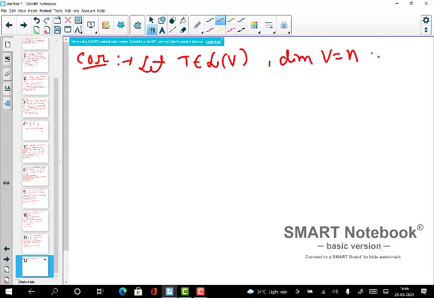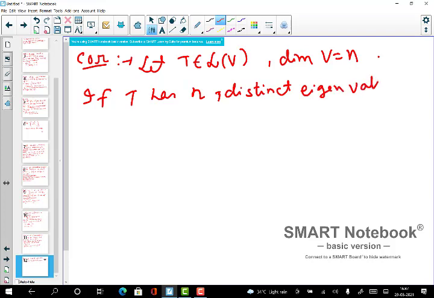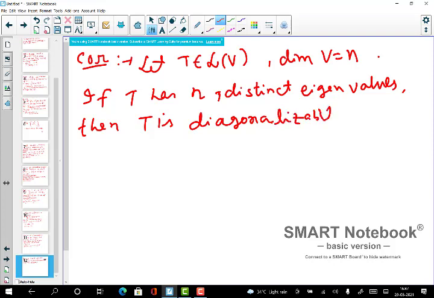If T has n distinct eigenvalues, then T is diagonalizable, okay. And the proof is immediate.